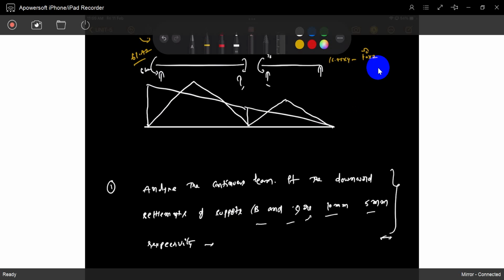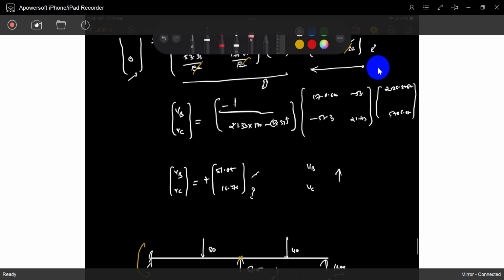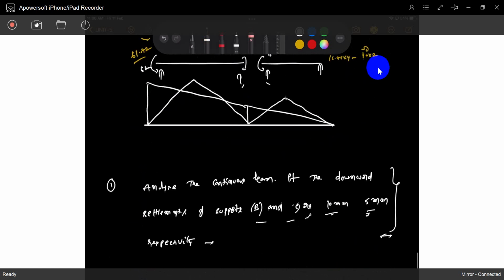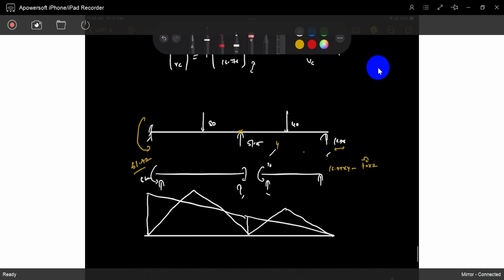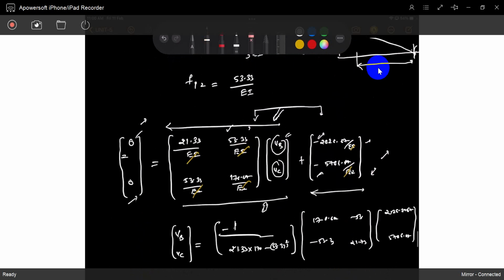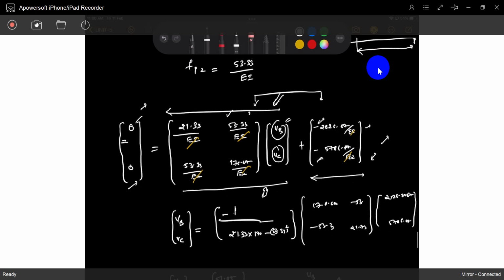The final settlements at B and C are 10 and 5, not 0, 0. So that's it, it is the same problem, no need to redo it. So see, the final settlements are in the downward direction. Now you can see which direction we have taken: everything is negative, so downward direction is positive, we have taken it.